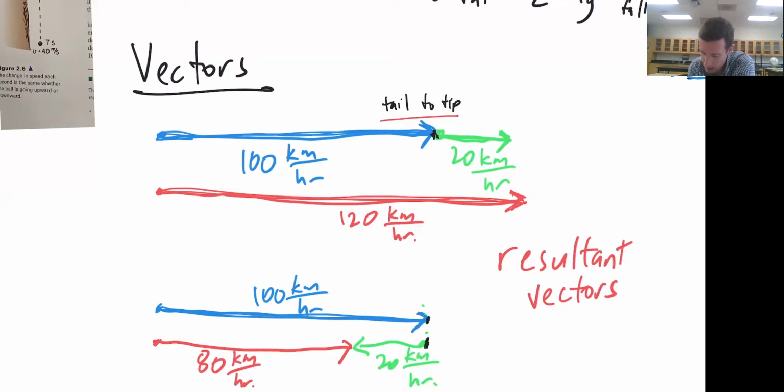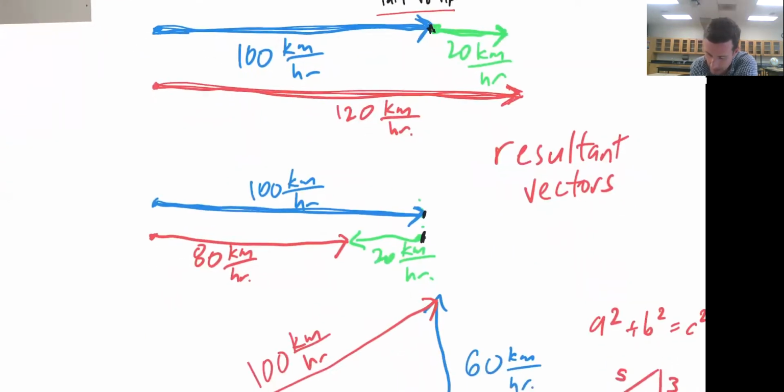Then I'm going to say, here's my tip of my previous one. That's going to be where I start my tail of my next one. I drew it a little bit lower so I could see it. And there is my second vector, my wind pushing back. And what that leaves me is, beginning over here to the end over here, I can draw in my resultant vector.